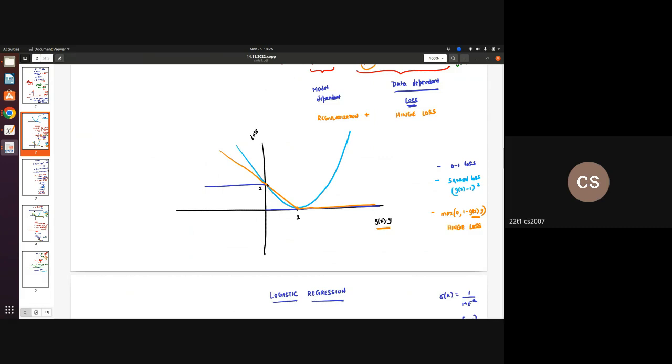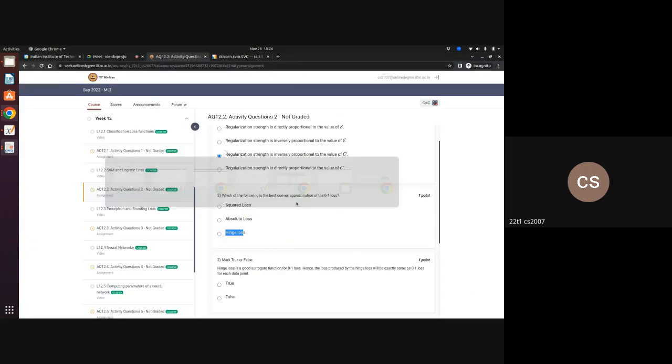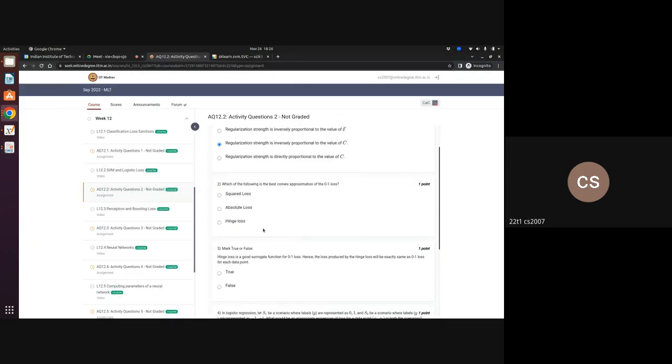The only problem is in this particular area, so that's why we are saying that it's an approximation. It cannot exactly represent the 0-1 loss. But it's a decent approximation, and that's why we use it, because it is continuous. So hinge loss will be the correct option.